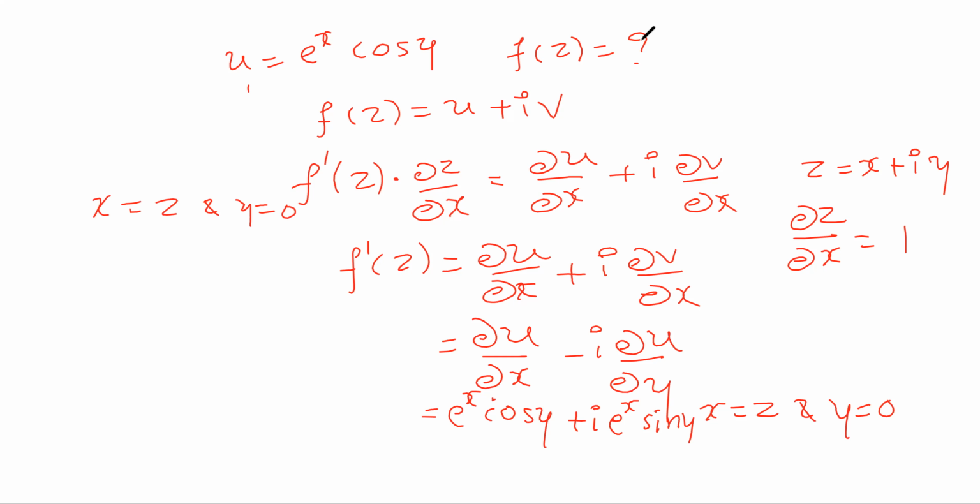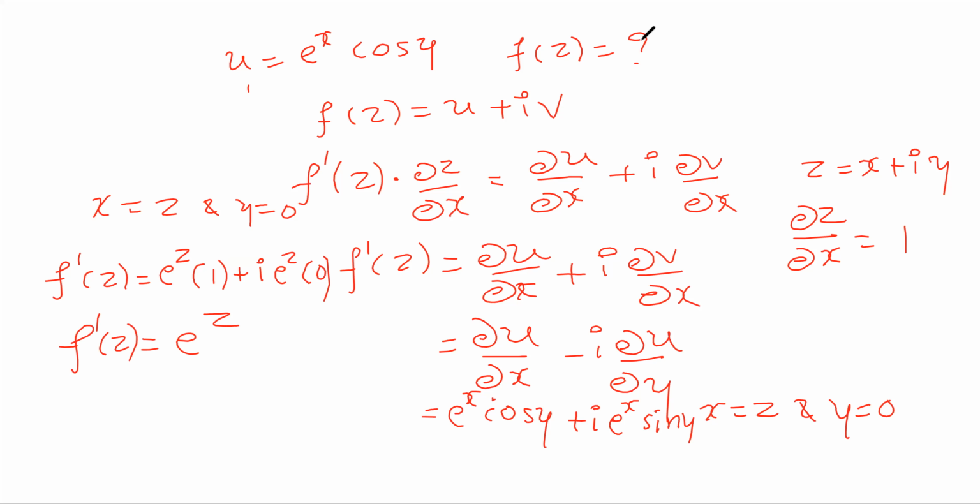So f dash of z will be e power z into, what's the value of cos 0? cos 0 is 1 and sin 0 is 0, right? So it becomes only e power z. f dash of z equals e power z.